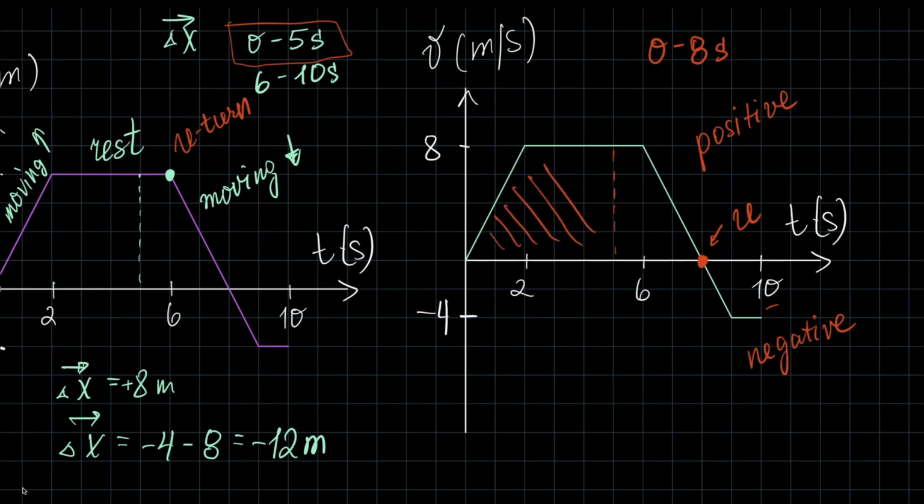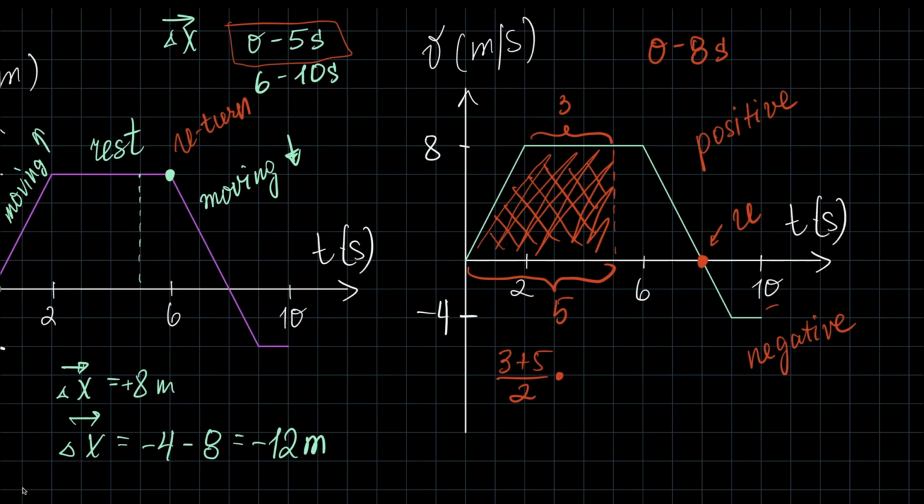And we have all this area, and I will just go ahead and do the trapezoid formula. My two bases, this base is 3, this base is 5. So I get 3 plus 5 over 2 times my height, which is 8. So it's 8 times 4, that's 32 meters.